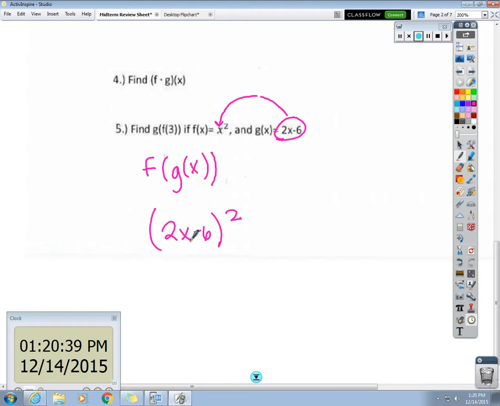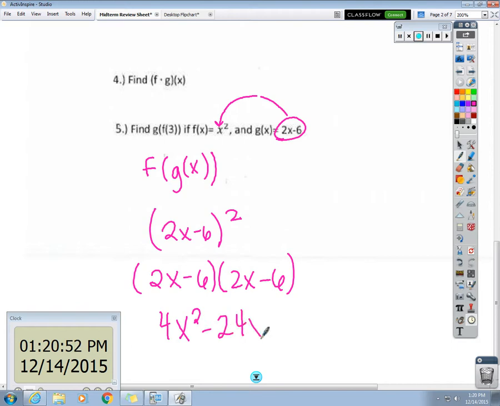Right, 2x minus 6 squared is just 2x minus 6 times 2x minus 6, which then we would have to FOIL. When you FOIL it, you would get 4x squared minus 24x plus 36 is your final answer. I went ahead and did the outer and the inner in one step. Okay, so does everybody see what to do if they don't give you a number to plug in and they just give you x? You plug in the entire function into the other function.